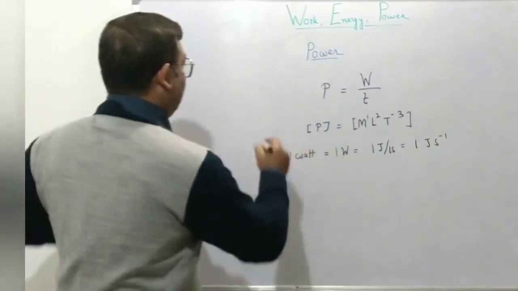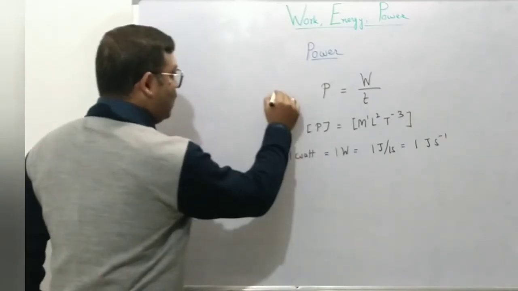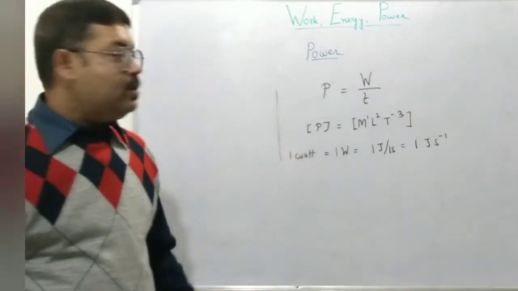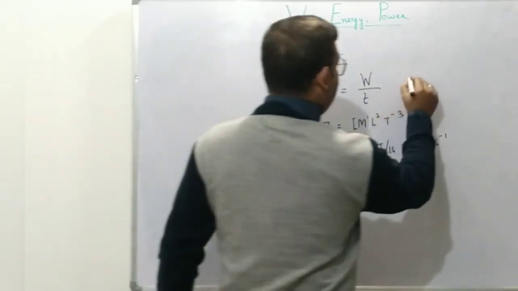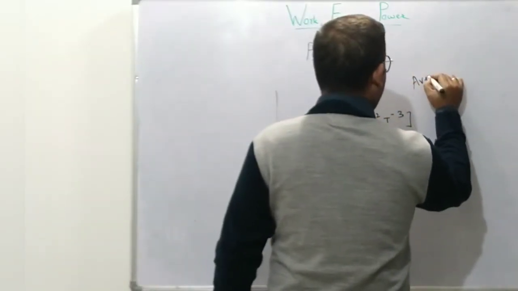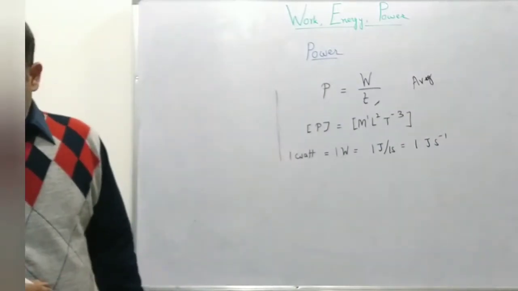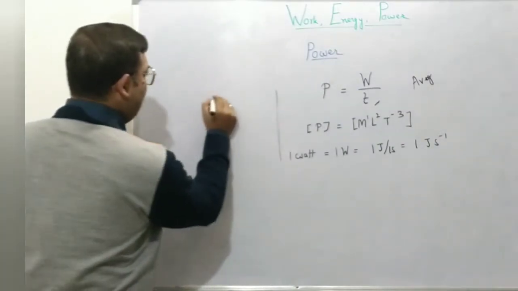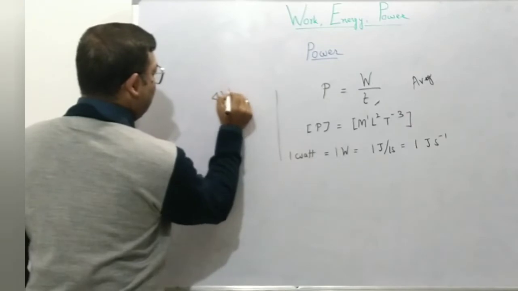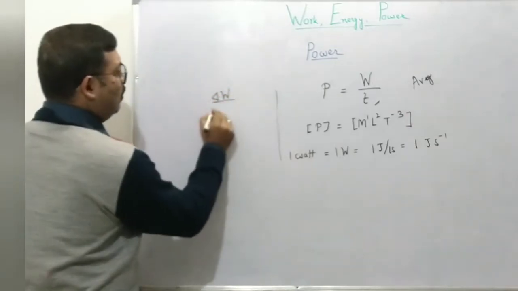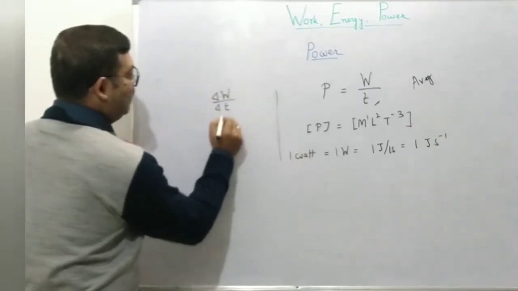Now, this is the average power, right? We have taken a relatively long period of time. In case of variable work done, a small amount of work is done in a small amount of time, delta t.